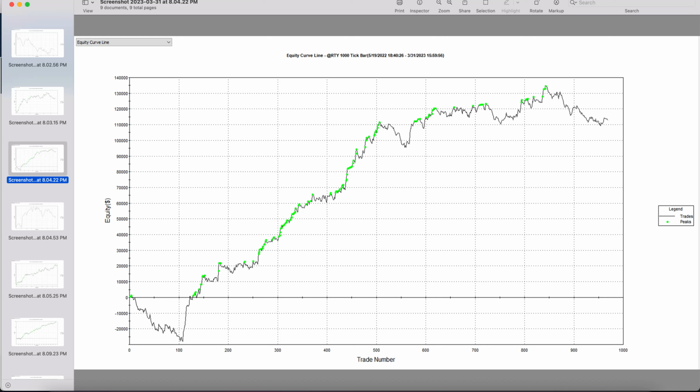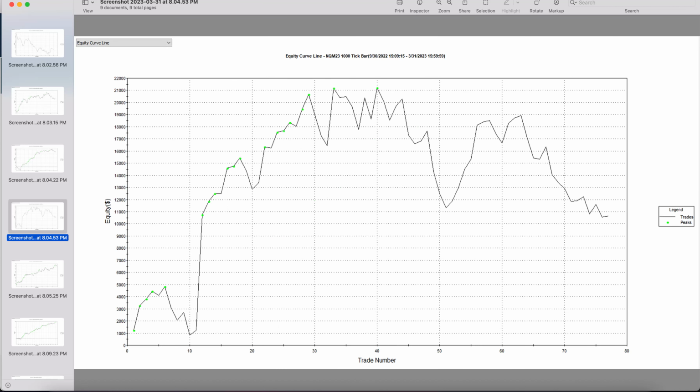But you can see this system had a big drawdown almost a year ago, and it's experiencing that now. So this is why you can't get too worked up about it, because then you'll miss all the upside. And the upside in this is pretty good. The potential, I should say.